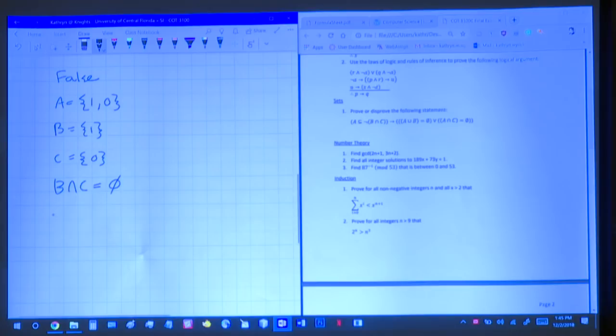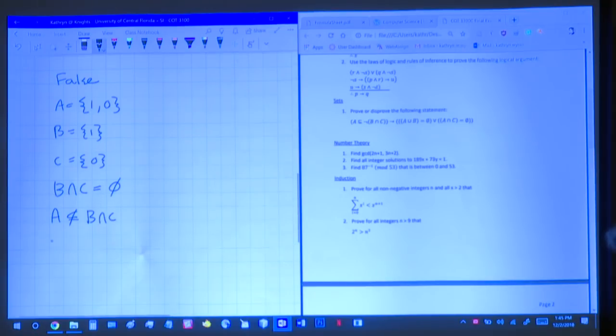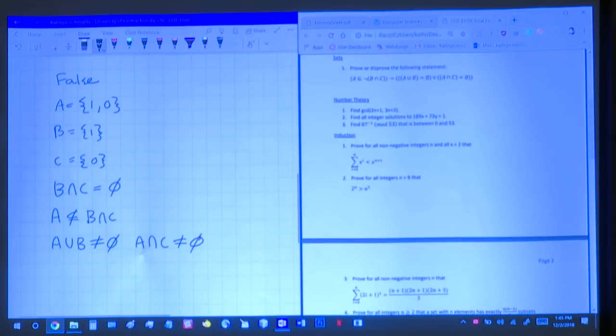So A is not a subset of B union C, but A union B does not equal the empty set. And A intersection C also does not equal the empty set. So that's all we have to do for these types of problems.